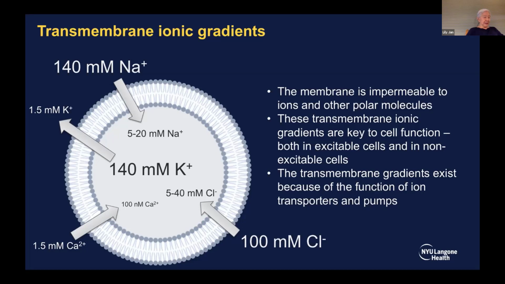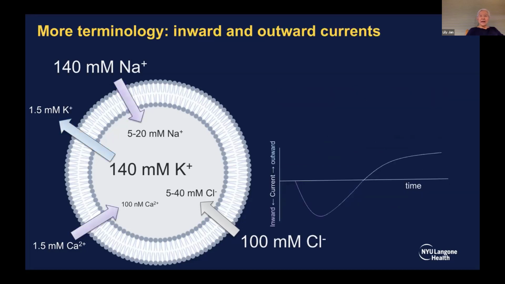By convention, for current that flows into the cell, what we call inward current, we are considering positively charged ions carrying the current flowing into the cell. And for current that arises from a net flux of positively charged ions from the inside to the outside of the cell, we refer to those as outward current.